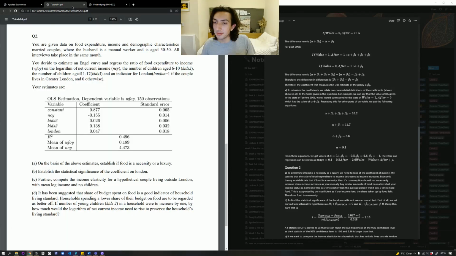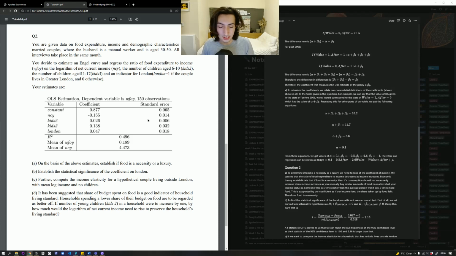Now we've got a logarithm here as well, and the ratio, so it's going to be a percentage increase. An increase of 1% will have a negative effect on the ratio of food expenditure. So it'll be definitely between, because you can see our coefficient is definitely in that range. If that makes sense.